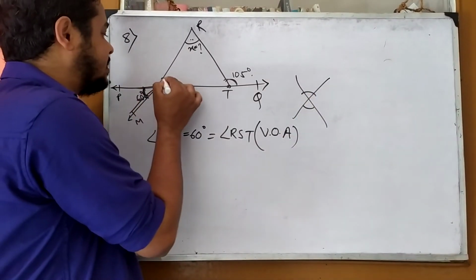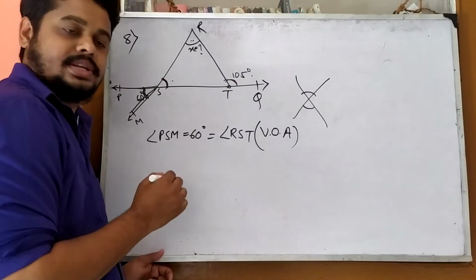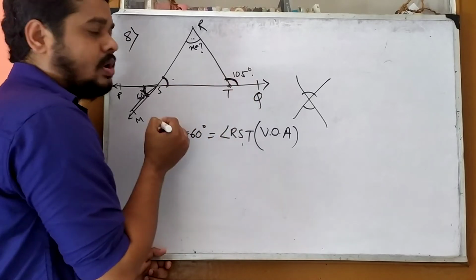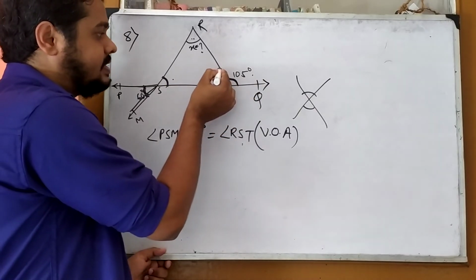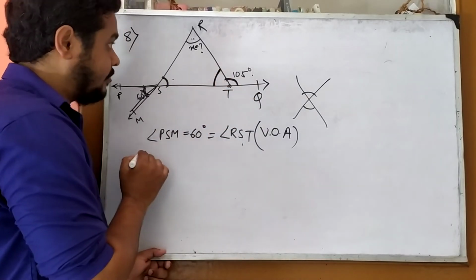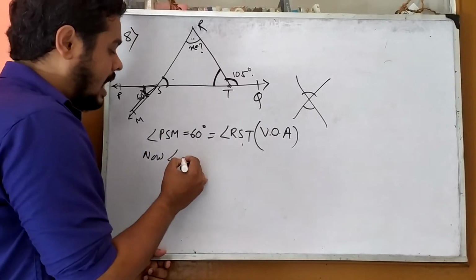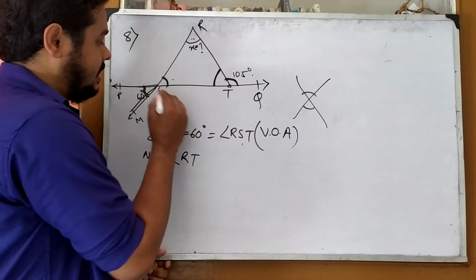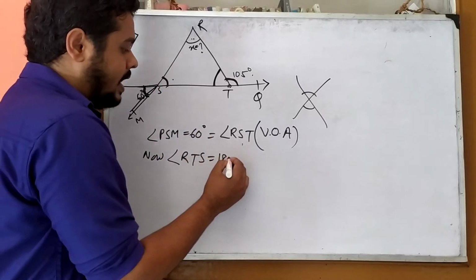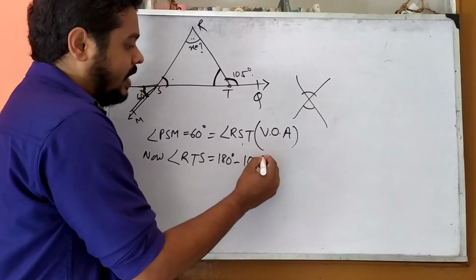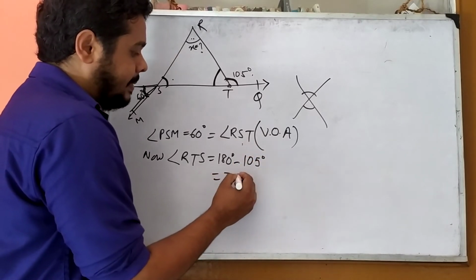If this angle is 60 degrees, this angle is also 60 degrees. Now this angle is 105 degrees, therefore angle RTS equals 180 minus 105 degrees, that is 75 degrees.